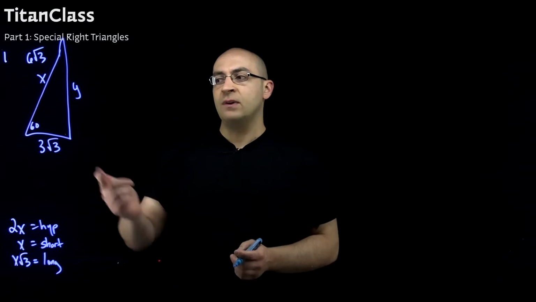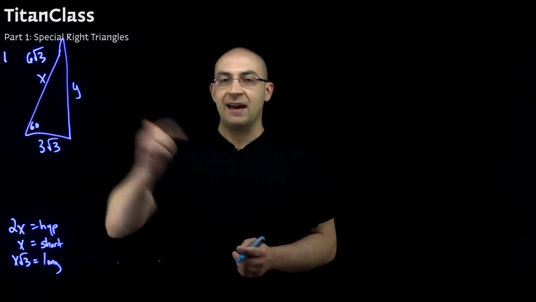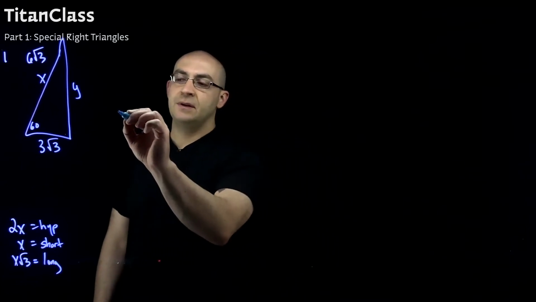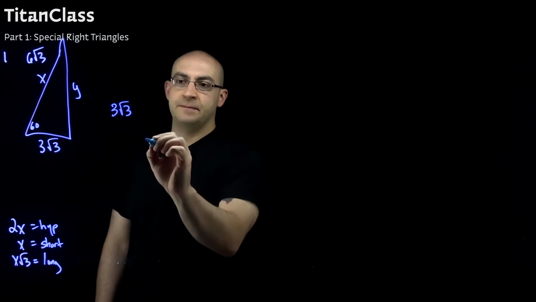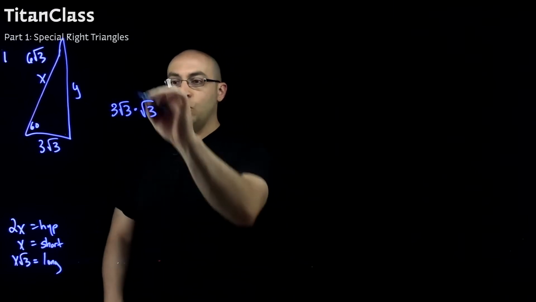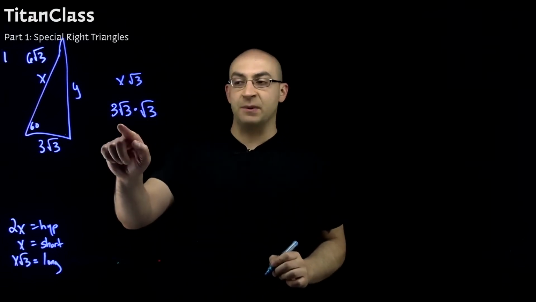Now, if I want to find out what y is, I'm just going to plug in what I know is x to that x. But it's going to be a little bit messy. So this y is going to be 3 root 3 times root 3. Because remember, it was x root 3. So what I'm doing is I replace this x with 3 root 3.